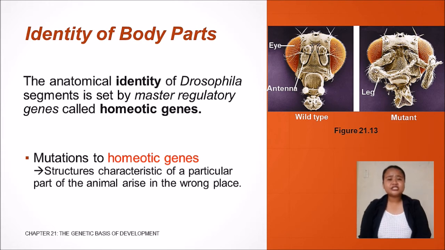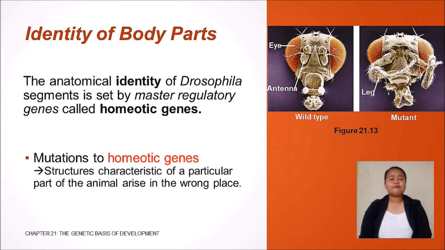Now, mutation in this homeotic gene will cause physical developmental defects to the Drosophila. It can cause the entire structure characteristic of a specific segment of the animal to arise on a wrong segment, causing this kind of result shown in the micrograph. The micrograph compares a mutant fruit fly to a wild-type fruit fly.